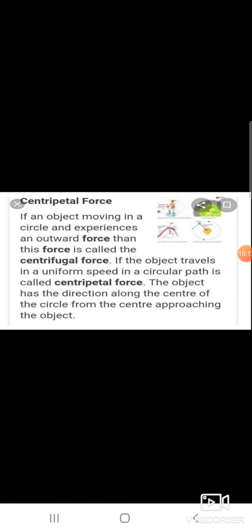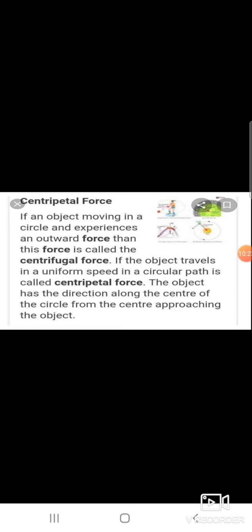Centripetal acceleration. Centripetal acceleration a_c is the acceleration directed toward the center of a circle. A force is needed to change the speed and or direction of an object traveling on a circular path. This force is called centripetal force, F_c. If an object moving in a circle experiences an outwards force, then this force is called centrifugal force.